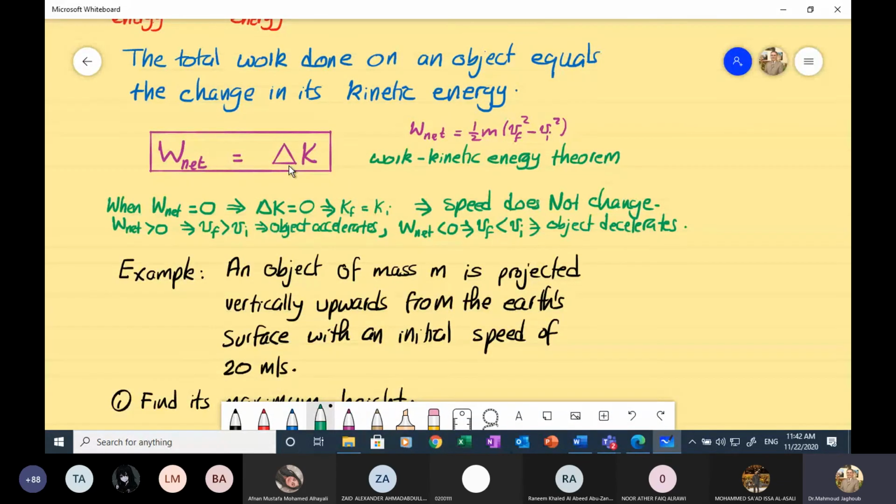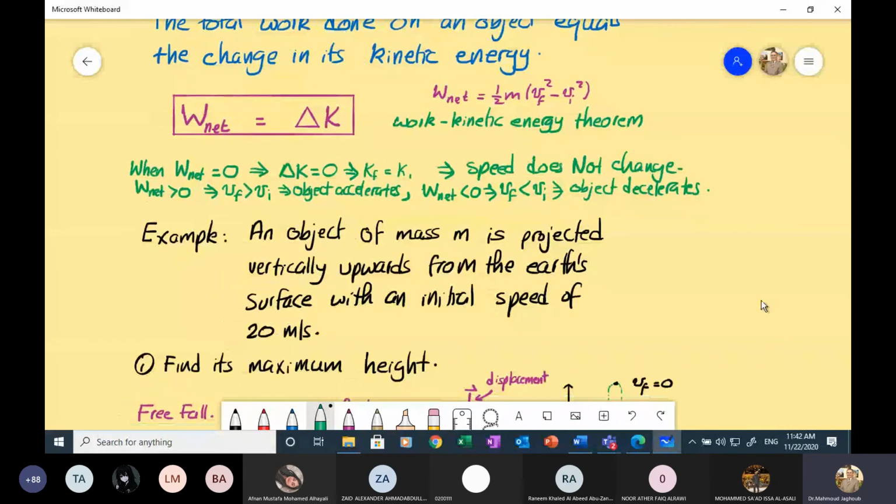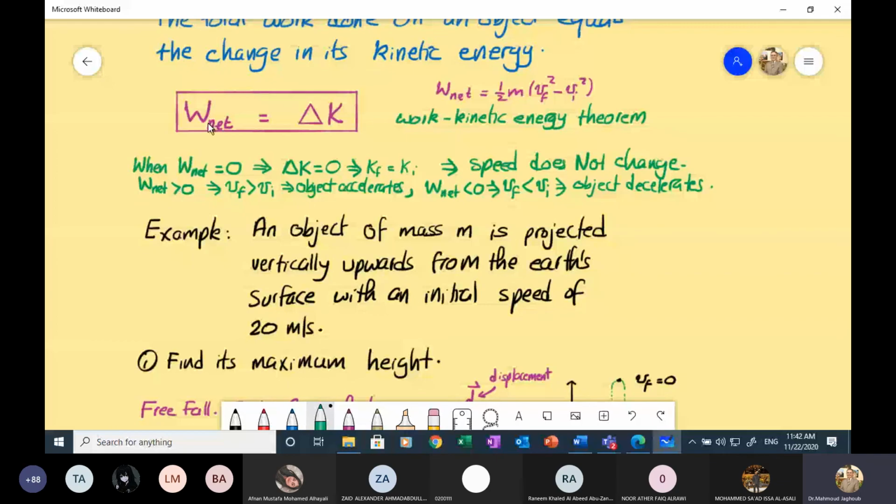If it is 0, the speed remains the same. And this is the work kinetic energy theorem. W net equals the change in kinetic energy. The total work done on an object equals the change in its kinetic energy.